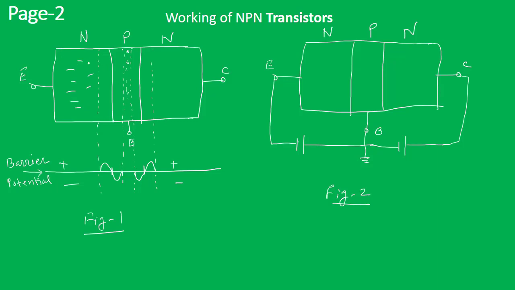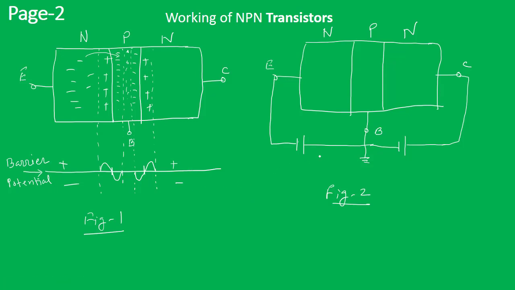So these electrons will diffuse here. In the barrier potential, we have negative potential towards the P side and positive towards the N side. Similarly here also we have the same kind of thing, so we have this kind of barrier potential under the no bias condition.